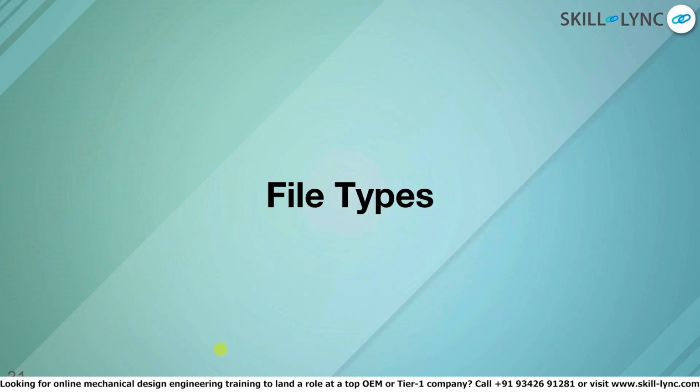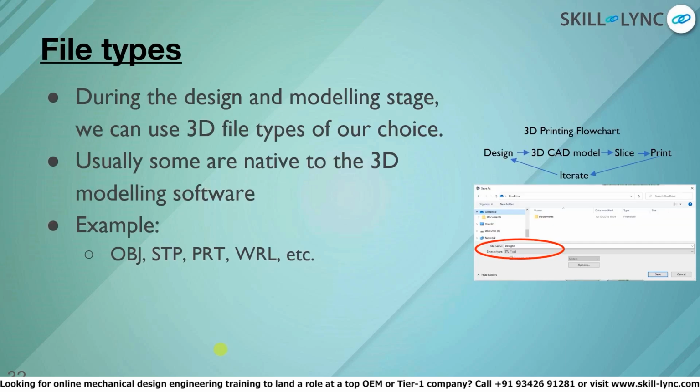Okay, last but not least, what we're going to cover are the different file types that we'll encounter during 3D printing. So pretty much if you look over here on the right, you can see the 3D printing flowchart where you start with a design, a conceptual design that you might have in your head or that you came up with for a specific purpose.